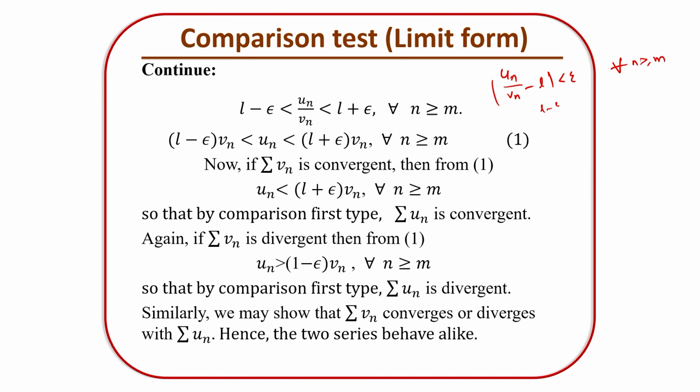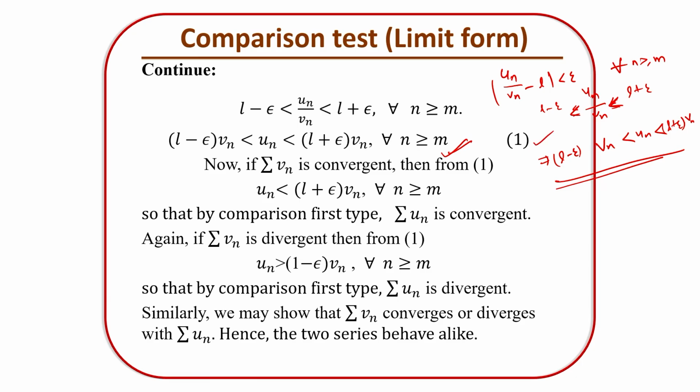That means L minus epsilon and L plus epsilon are bounds for the terms un by vn, strictly less than and strictly positive. Now you can simplify it and you will get L minus epsilon into Vn is less than un, which is less than L plus epsilon into Vn.